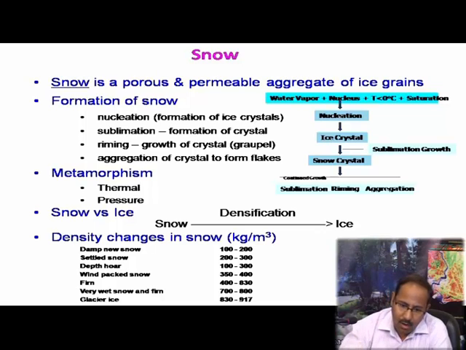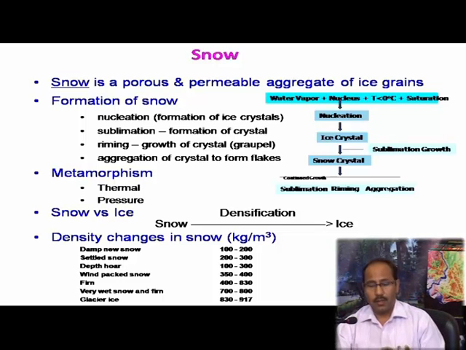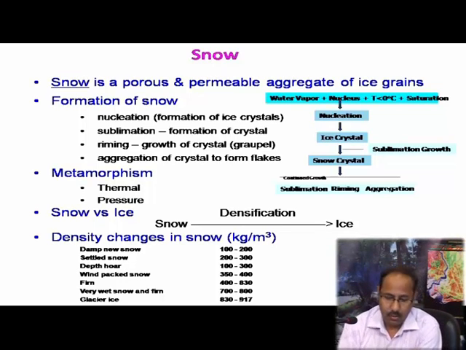So you can see how this density varies from 100 to 917, and after 1 year, this snow starts changing into firn, that is called firnification, and its density is in the range of 400 to 800 kilogram per meter cube.